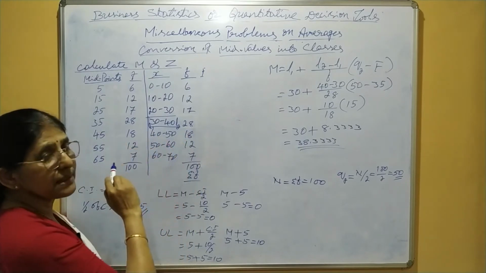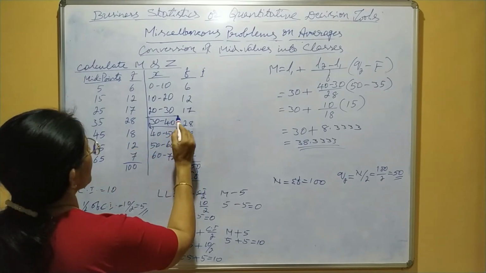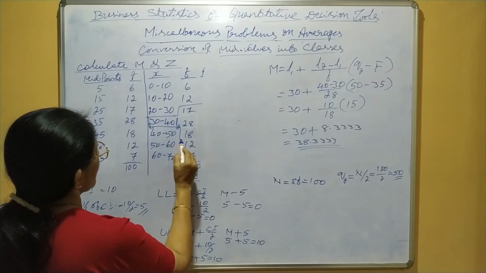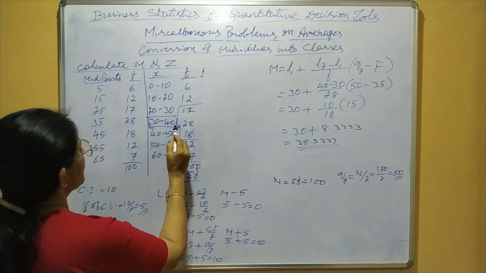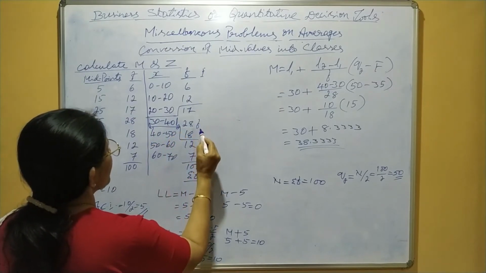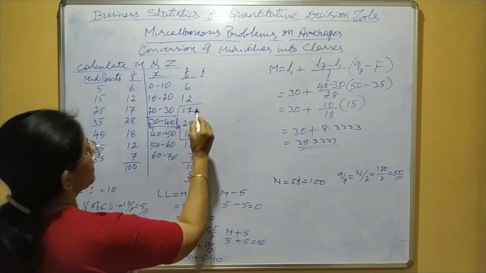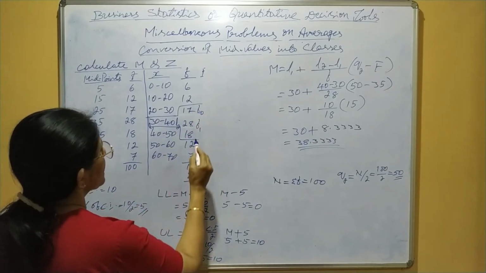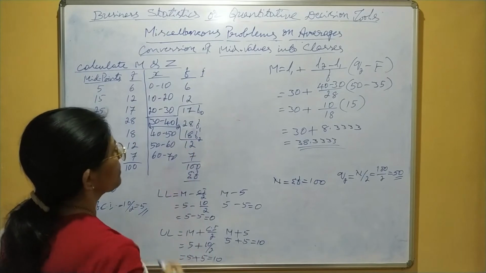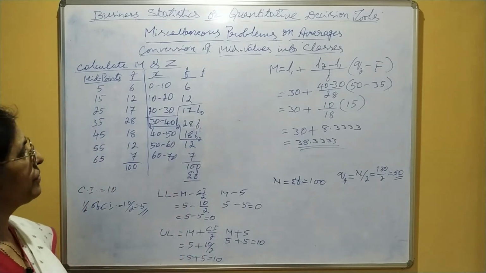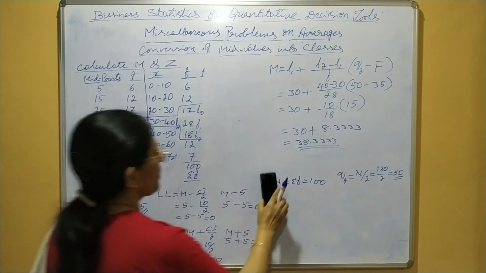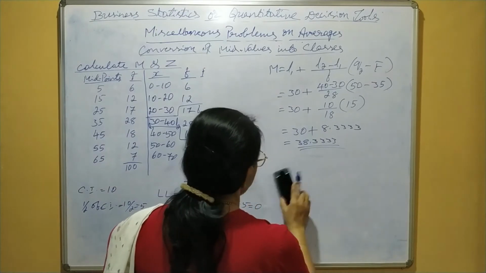Therefore, the modal class is 30 to 40. That means 30 is L1, 40 is L2, frequency of the modal class F1, frequency of the preceding class F0, frequency of the succeeding class F2.